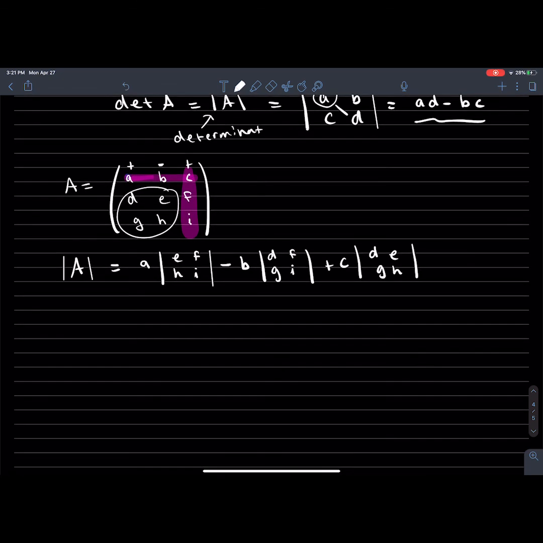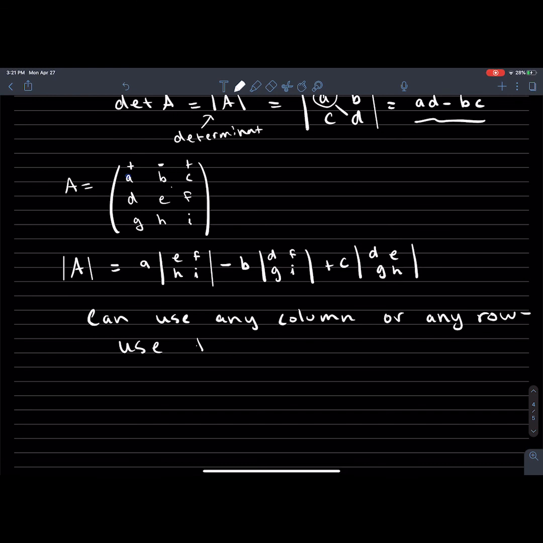If I feel like using a different row, again, let me write this out. We can use any column or any row. And the one we want to use is the one with the most zeros to make the computation go faster.